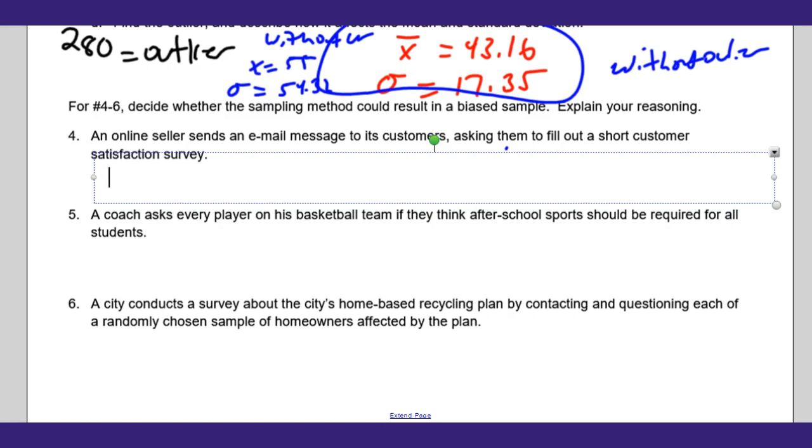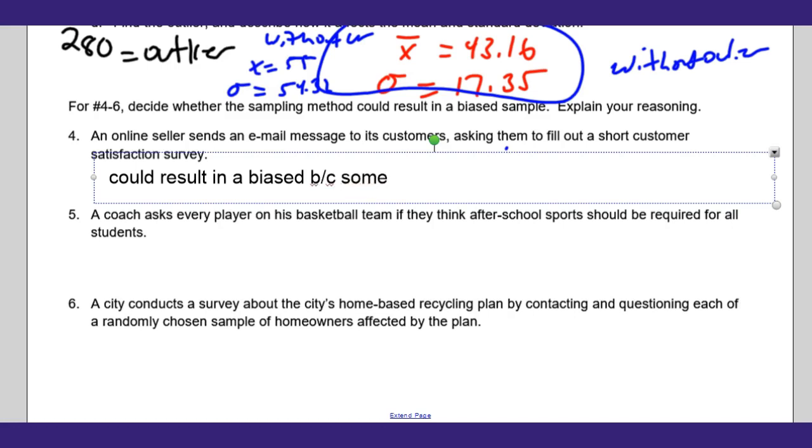Or what if the customer's email was sent to the junk file? They never actually read it. So I think this could result in a bias. All right, I'll say that could result in a biased, because I'm going to abbreviate because right there.